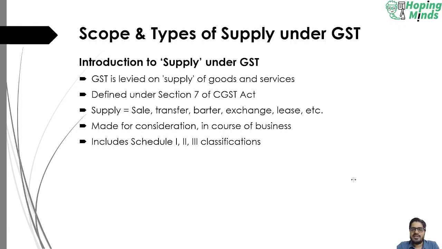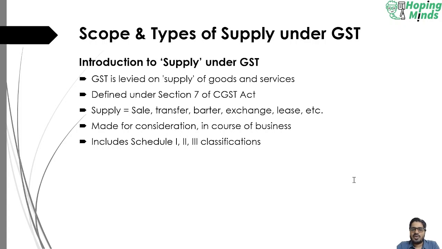So afterwards we also learned about the QRMP scheme, where the taxpayers whose turnover has not exceeded rupees 5 crores can opt to file the return quarterly, but they have to pay the taxes on a monthly basis based on self-assessment.